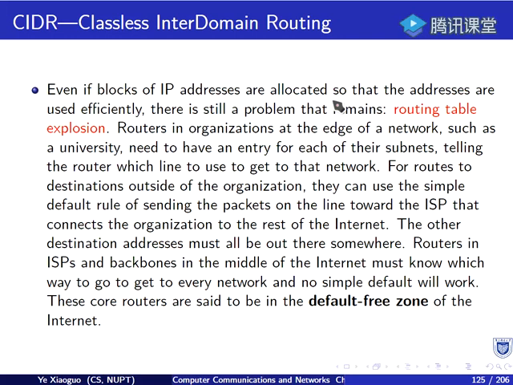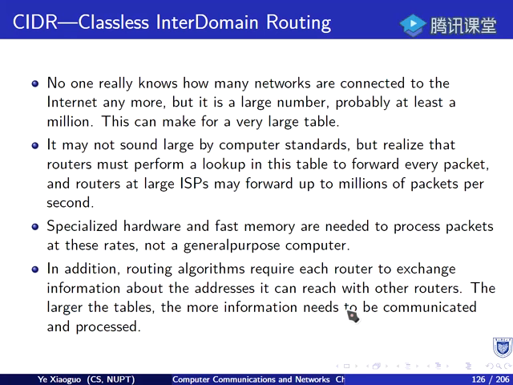Routers in ISPs and backbones in the middle of the internet must know which way to go to get to every network. No simple default will work. These core routers are said to be in the default-free zone of the internet.